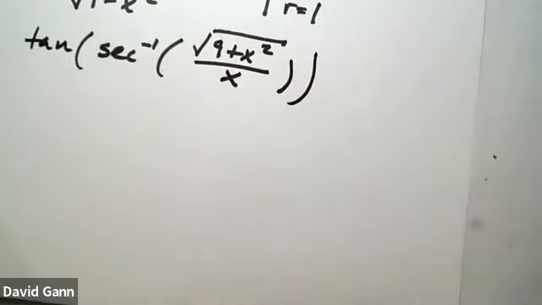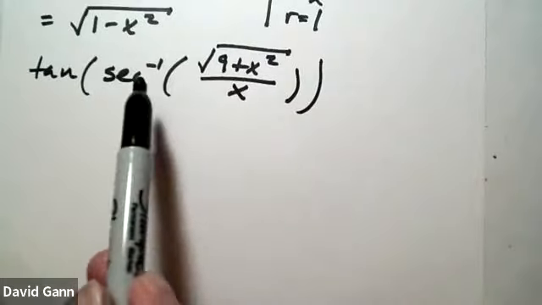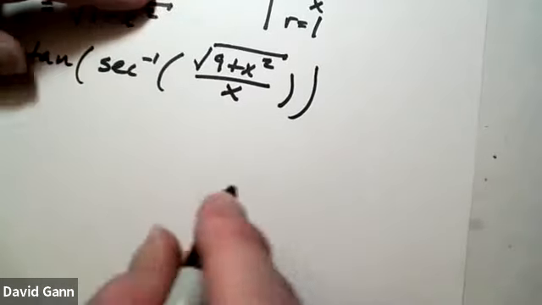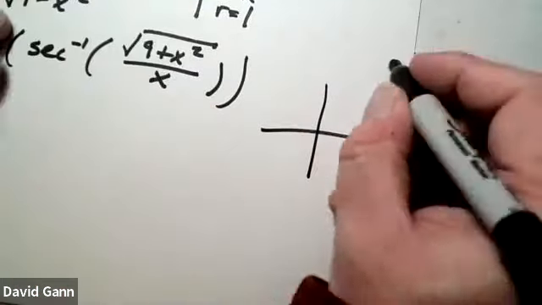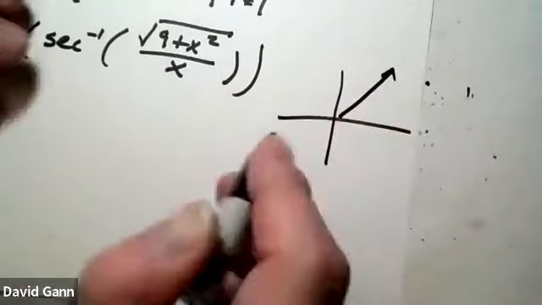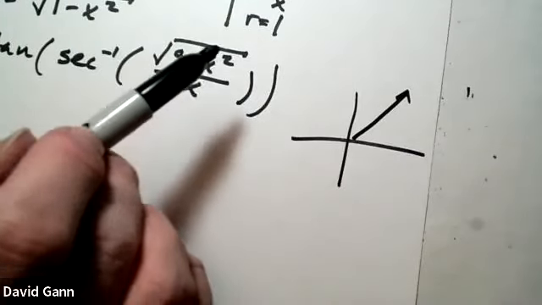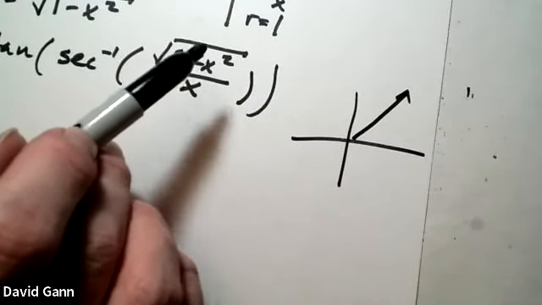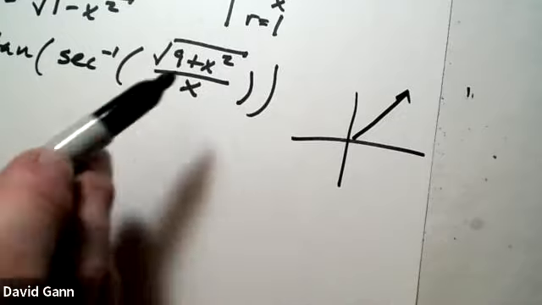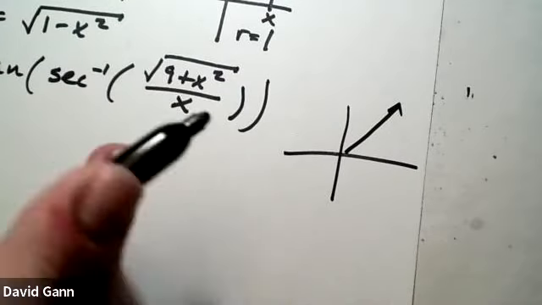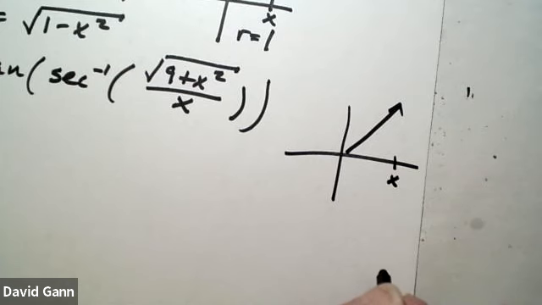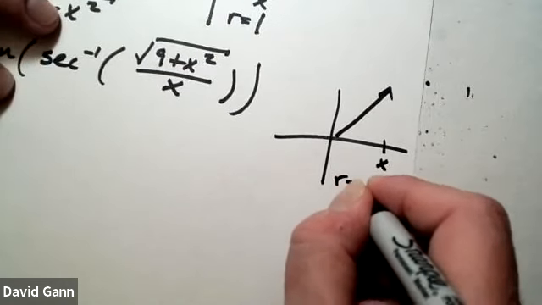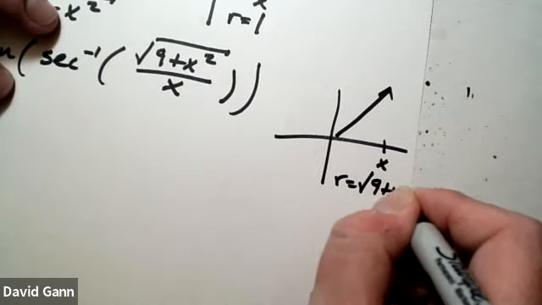Okay, so again, I don't really know what this is, so I'm going to end up drawing an angle in quadrant 1 because everything here is positive. And notice secant is not x over r, it's actually r over x. So what this is telling us, this is the r and that's the x. Again, we have an x coordinate whose value is x, which is just fantastic. R is equal to the square root of 9 plus x squared.